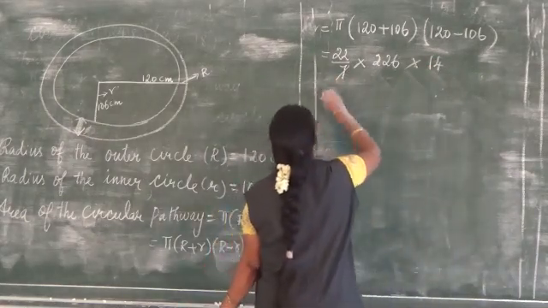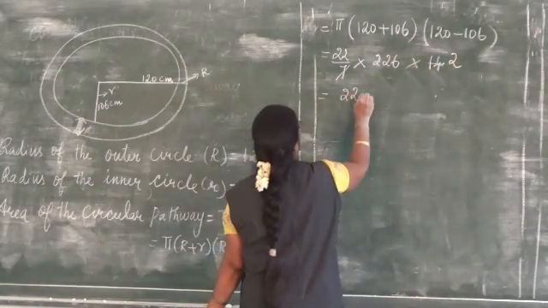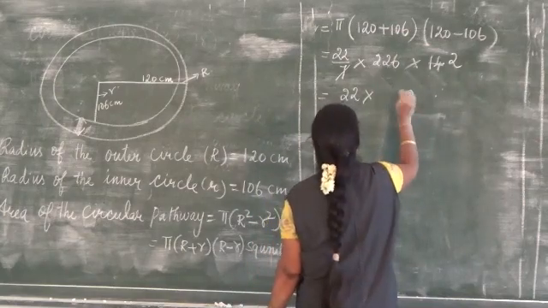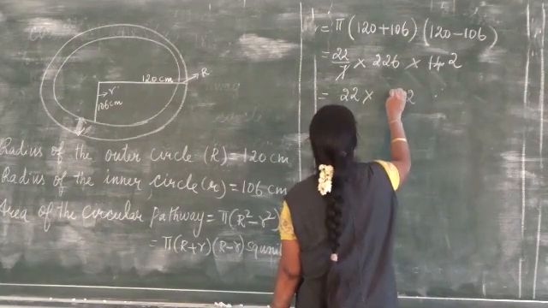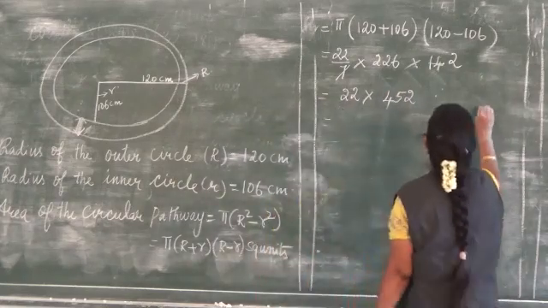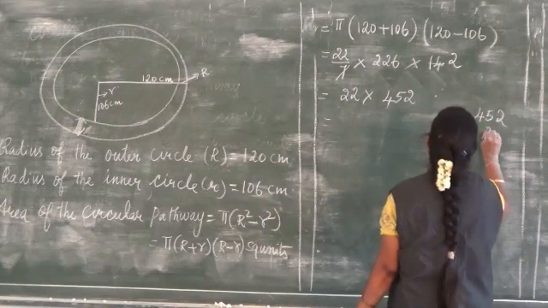So if you cancel 7, this is 2. So 22 into 452. Again you are multiplying 452 by 22.